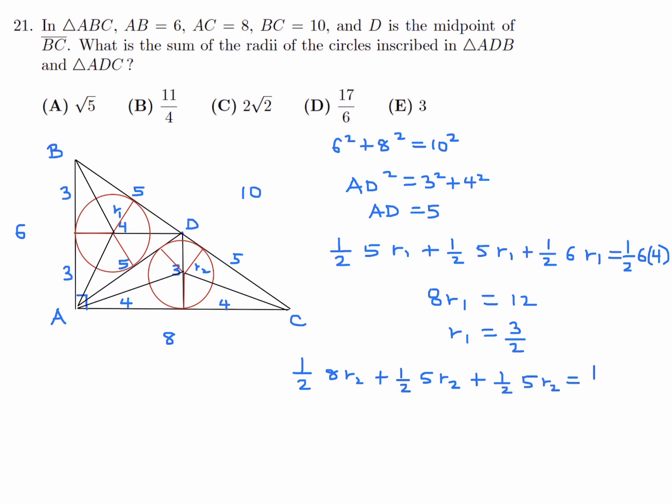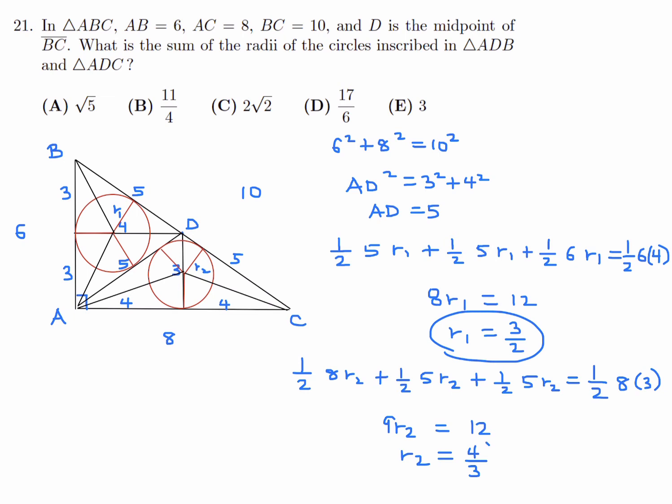Then the area of this whole thing, we can use this as the base, which is 8, and this as the height, which is 3. So 1/2 times 8 times 3. This therefore becomes 5 plus 4, 9 R2 is equal to 12. So R2 is equal to 12 over 9, or 4 over 3.